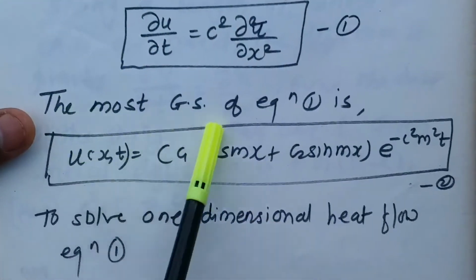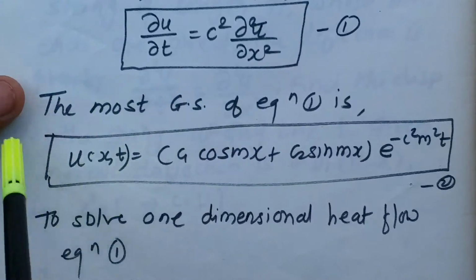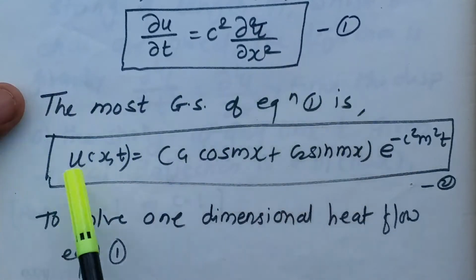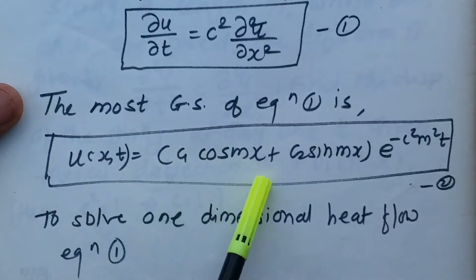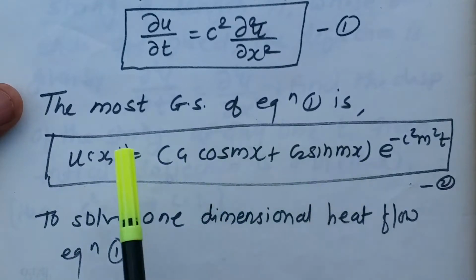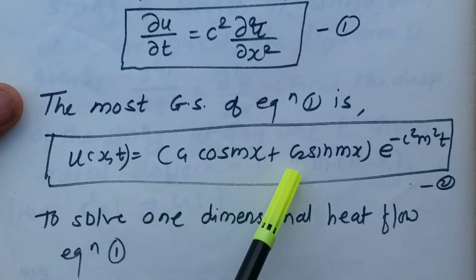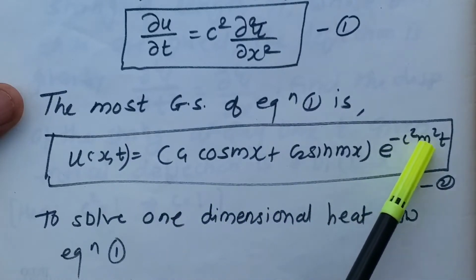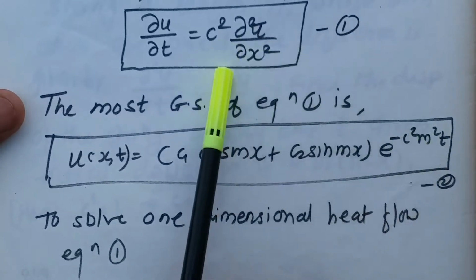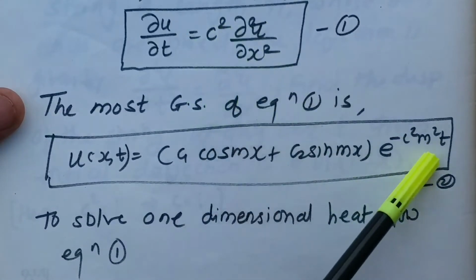The most general solution, as in the wave equation, is u of x comma t equal to (c1 cos mx plus c2 sin mx), the same bracket we had in the wave equation, into e raised to minus c square m square t. This c square is the value of this constant.